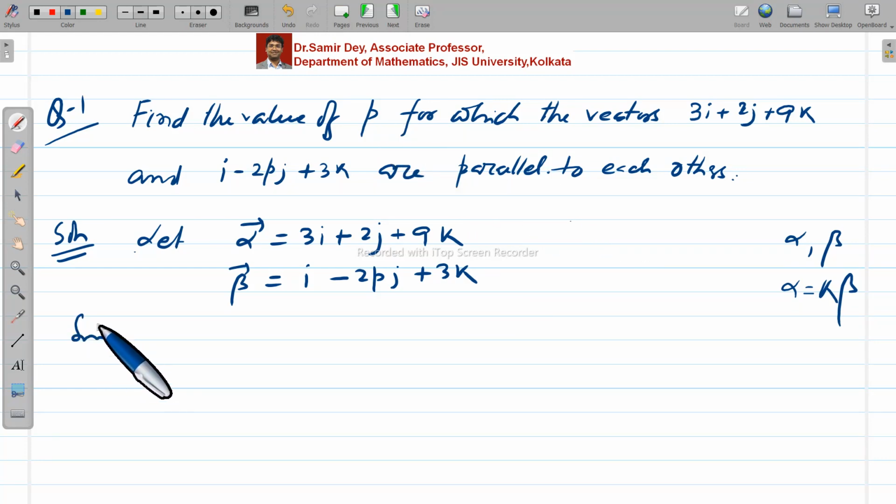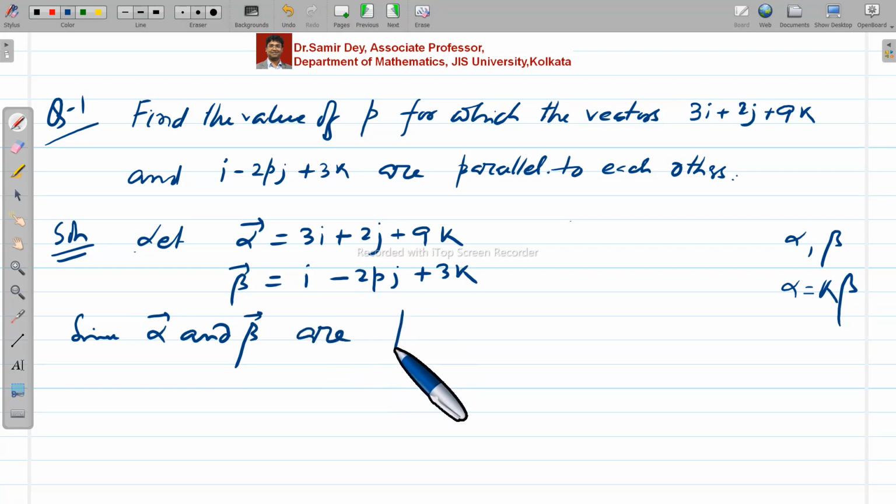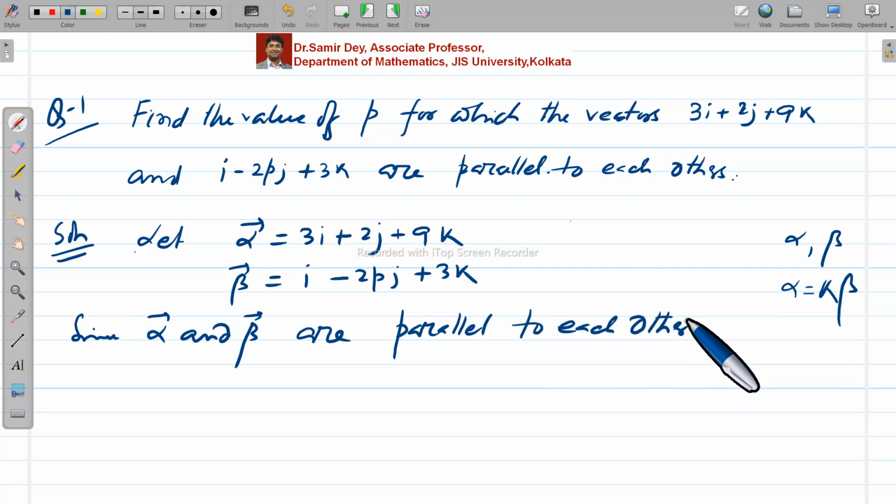Since alpha vector and beta vector are parallel to each other, automatically you can write alpha vector is equal to some constant lambda times beta vector.